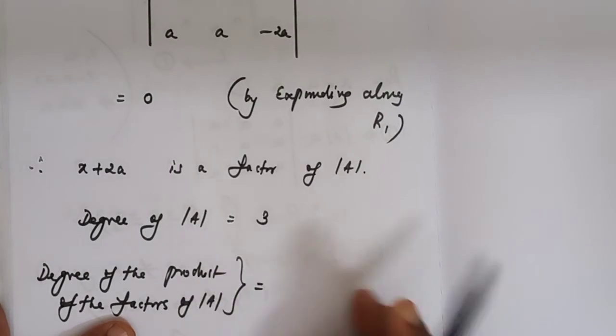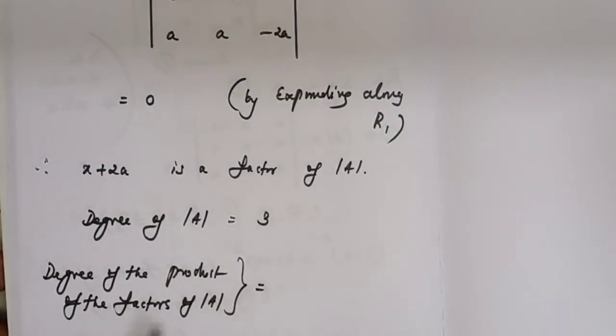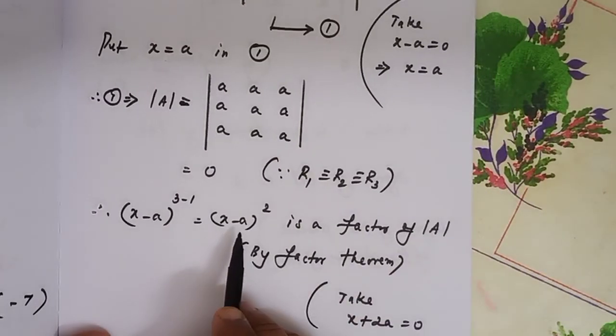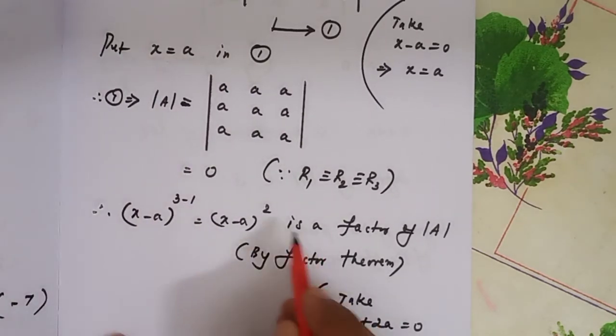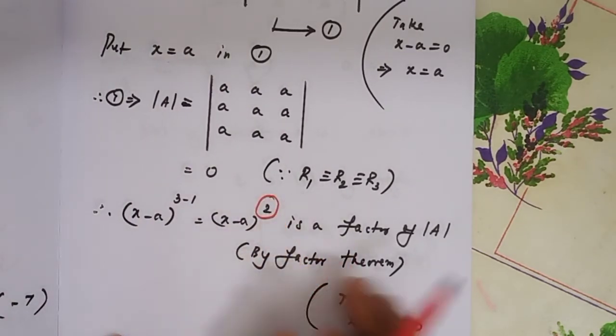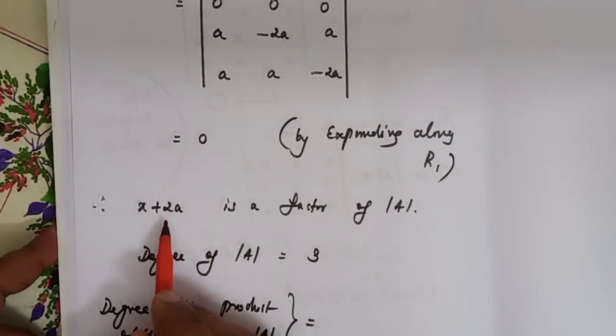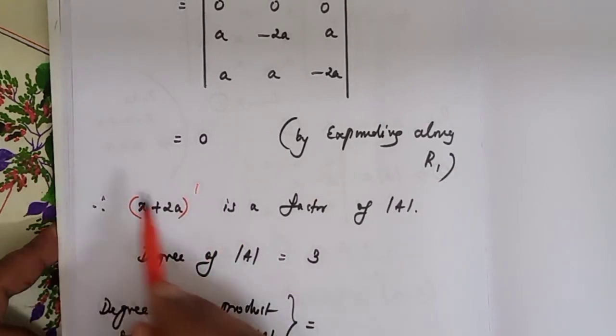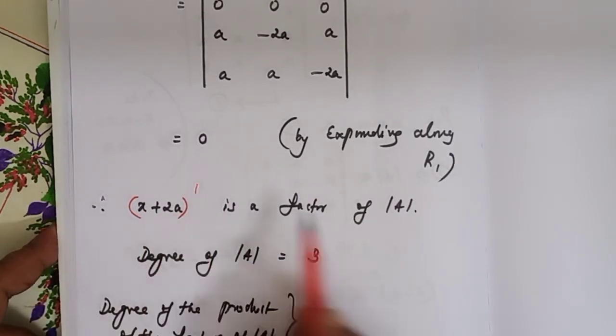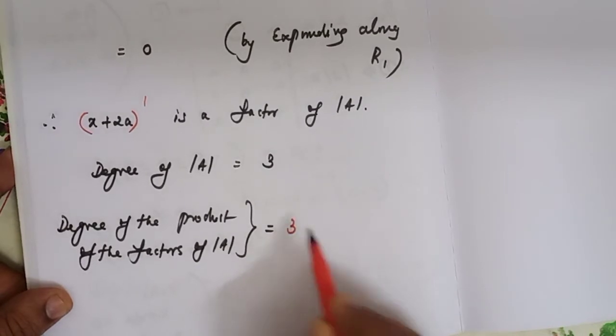That is 3. Now the degree of the product of the factors of determinant of A. We have the factors. Here is the first factor, x minus a the whole square, power 2. Here another factor, x plus 2a whole power 1. That 2, here 1, add the powers: 2 plus 1, that is also 3.